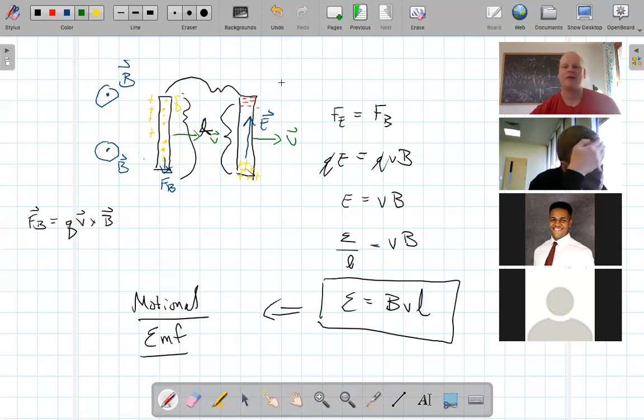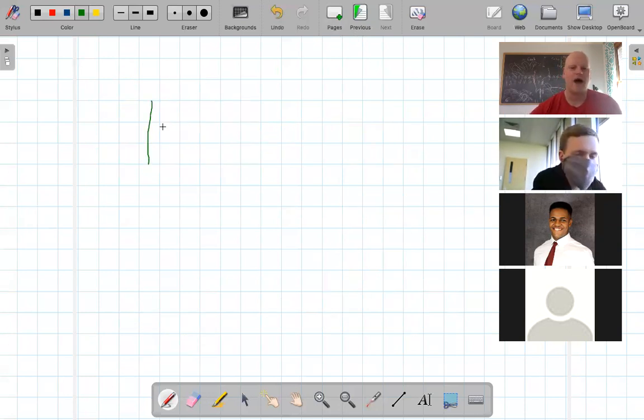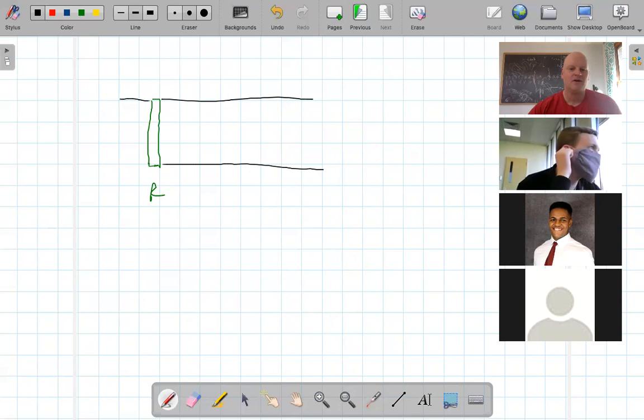Now, what's happening in our problem then is we're taking this rod. So here's my rod, which has a resistance R to it. And we're going to put this over conducting rods. So here's one rod, here's another rod, which are then connected this way. Okay. And what I'm going to do is I'm going to apply or cause this thing to move at a constant velocity moving in this direction.